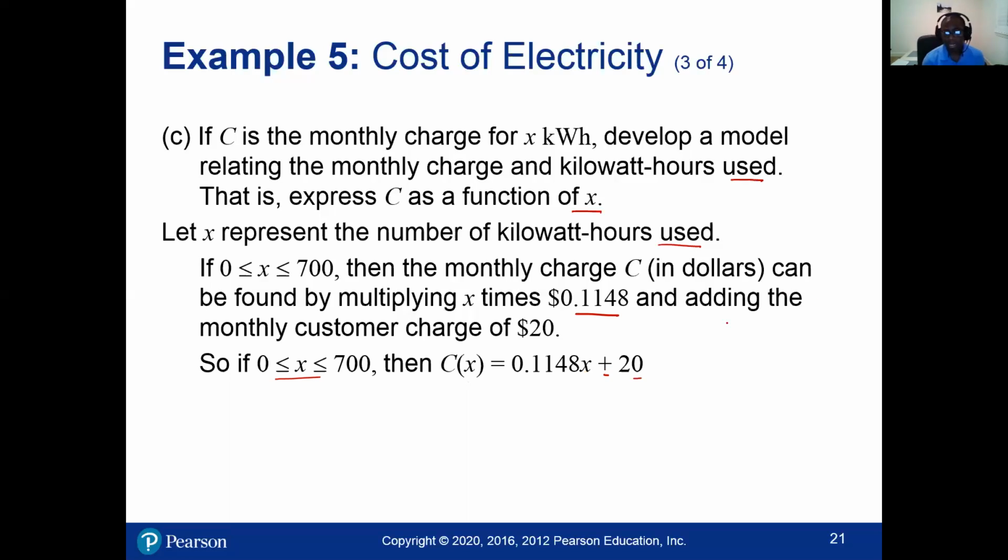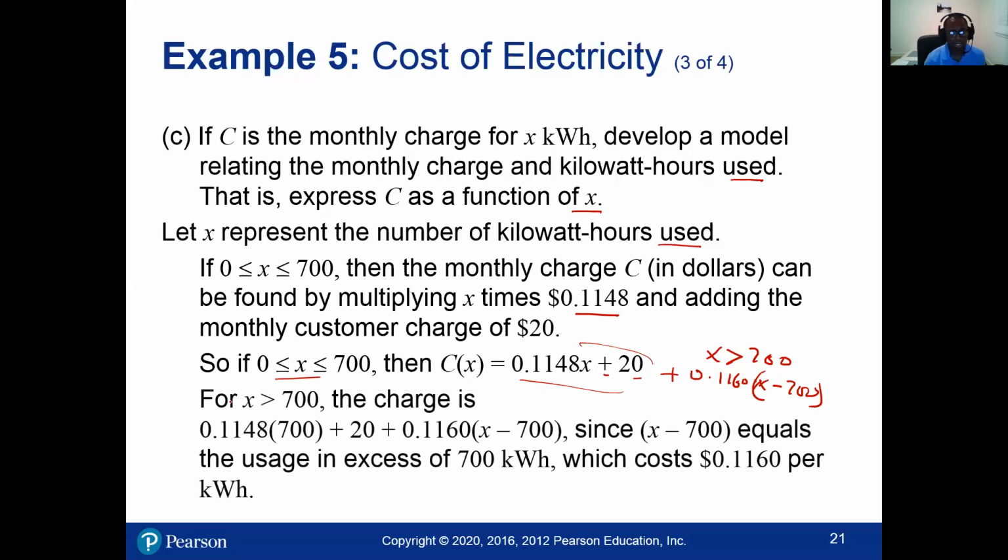That is when X is greater than 700. Then we add 0.1160 times X minus 700. So the second part is 0.1148 times 700 plus 20, plus 0.1160 times X minus 700.